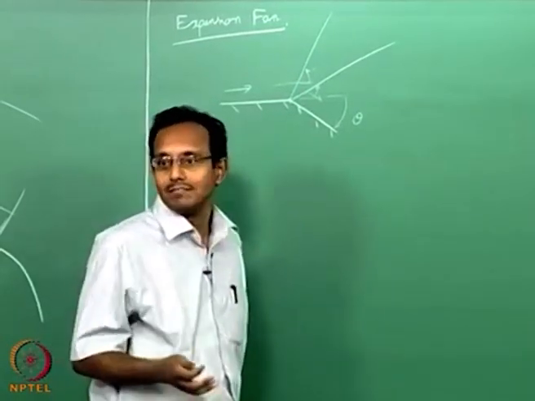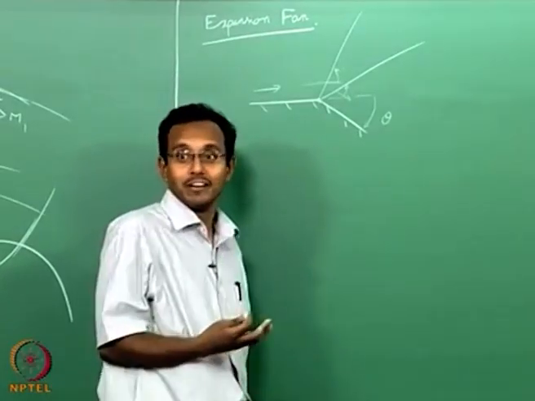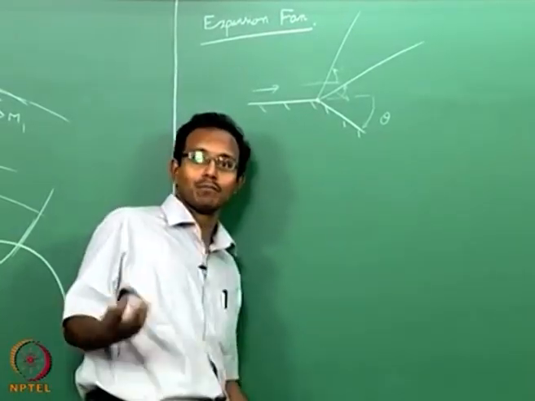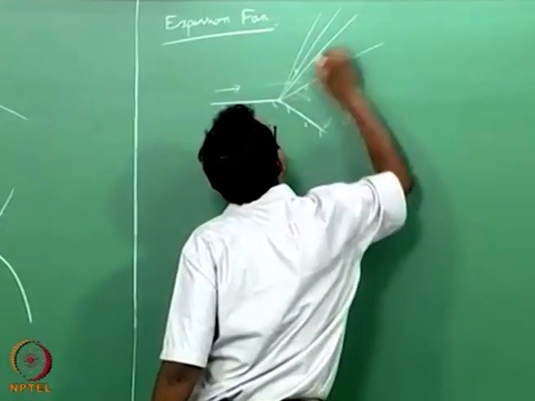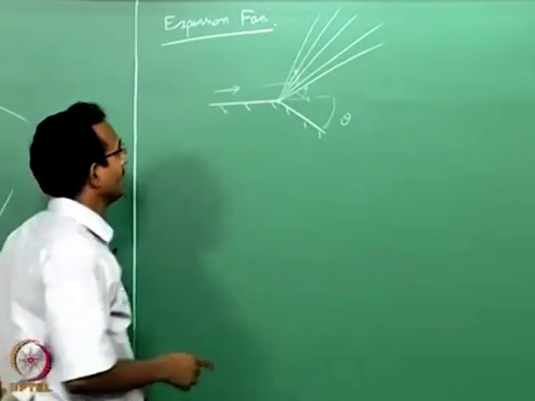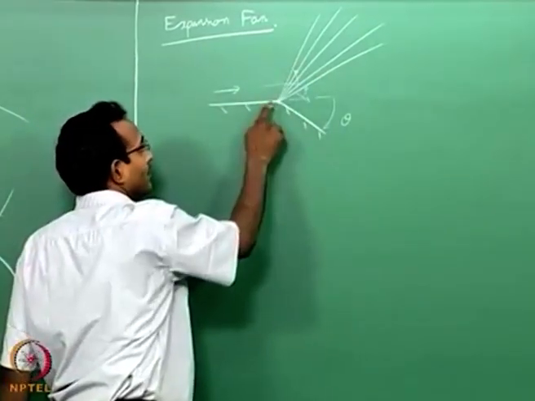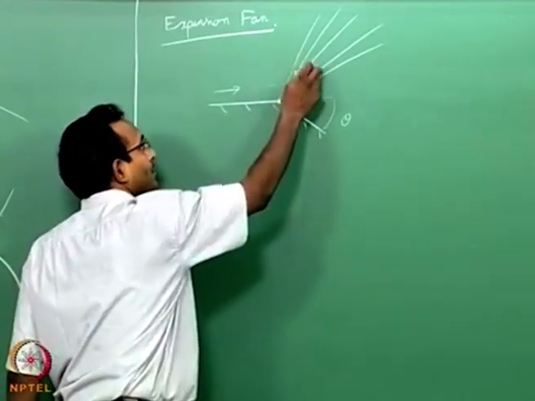Typically, I pick 10. If you want more resolution in data, you can pick 100, 200, whatever, depending on your computer power. Typically, I will pick 10. I will draw only 5 lines here. First one is the incoming, last one is the outgoing, and the others are somewhere in the middle.